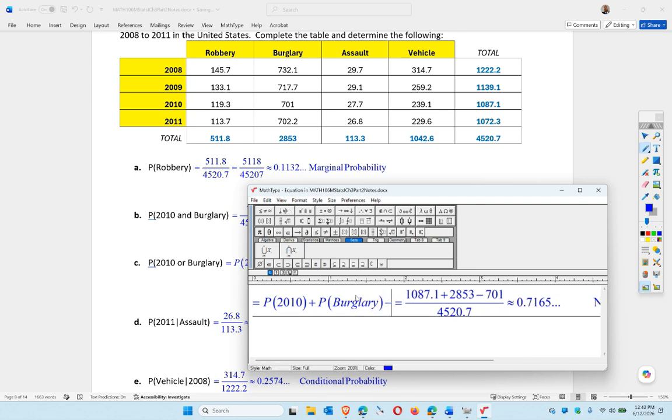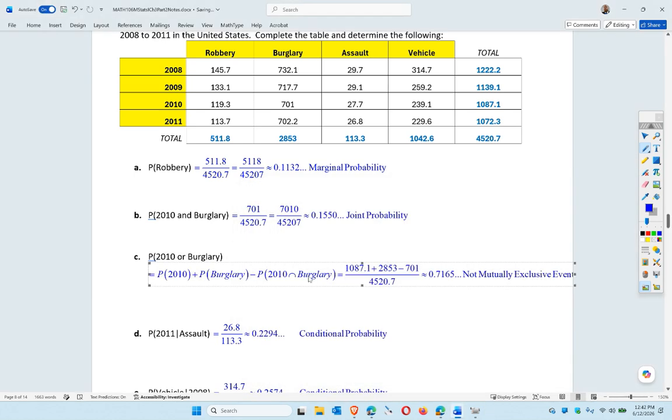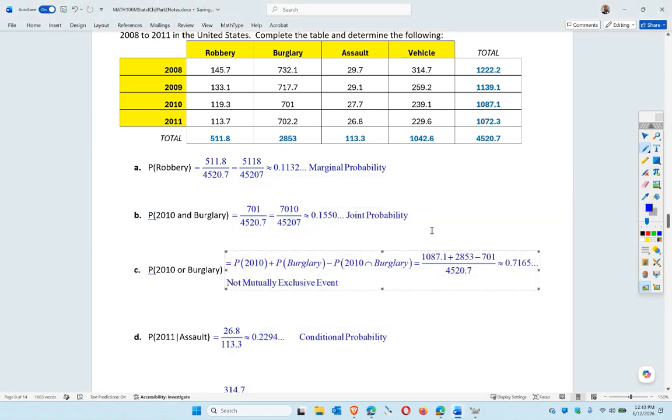Minus, and we'll do this, and we'll put 2010 and in between, right? Okay. All right, because it could be both, correct? Let's get that mutually exclusive out of there. That's kind of in the way, right? Because that could be true.